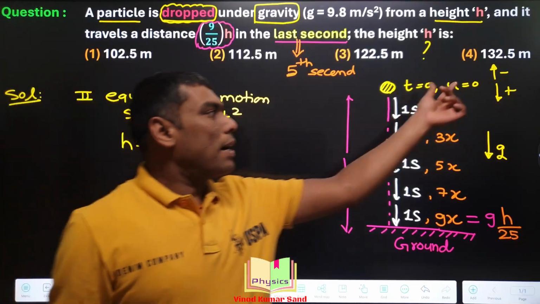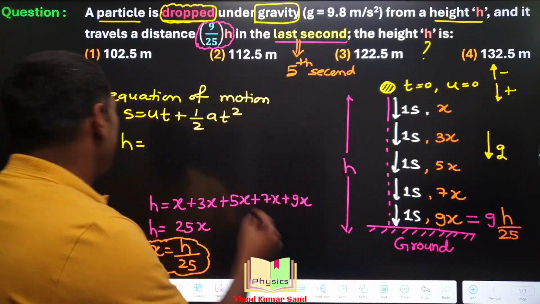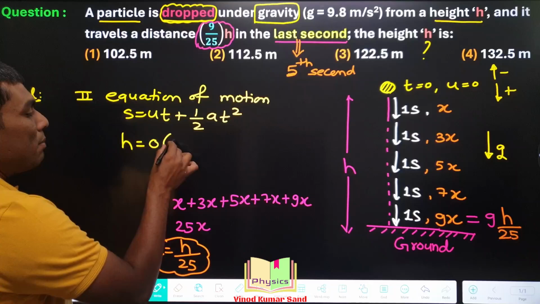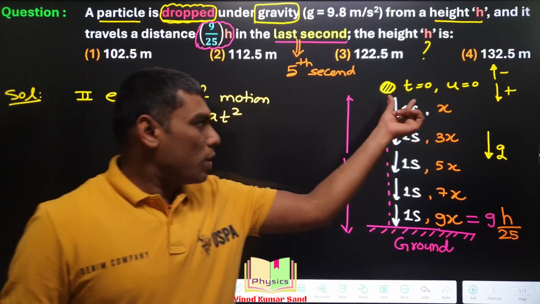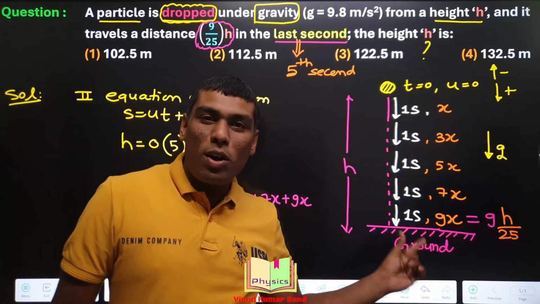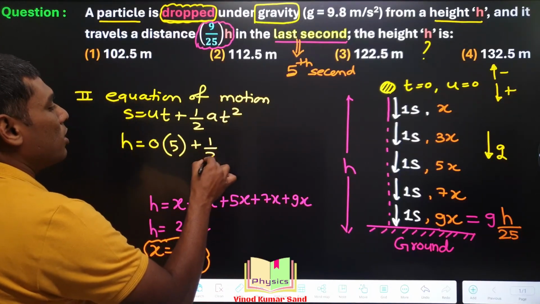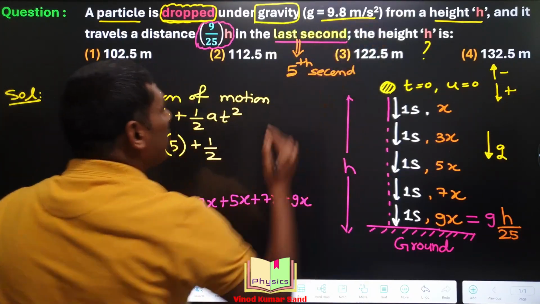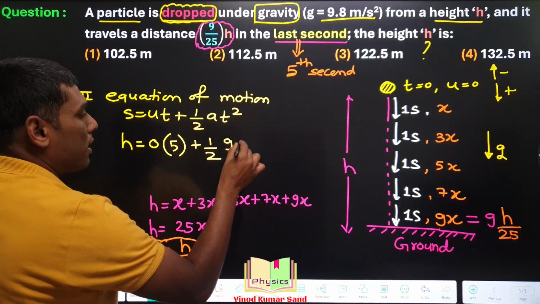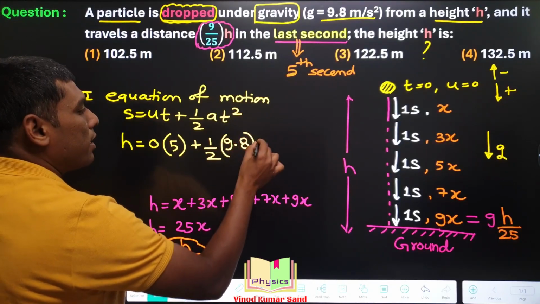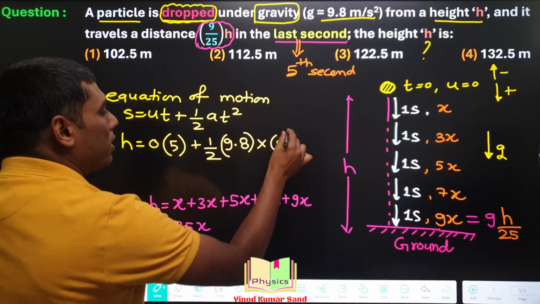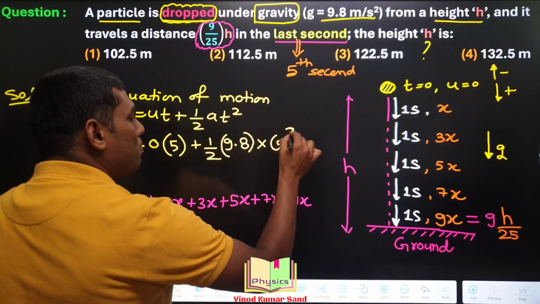u is 0. The particle is released from rest. So putting u is equal to 0. Time taken is 5 seconds. We can count the total time: 1, 2, 3, 4, 5 seconds is the total time interval. Plus half. Acceleration is given in the question as 9.8 meter per second square. So put here 9.8 and in place of time we put here 5. It's pretty simple maths.